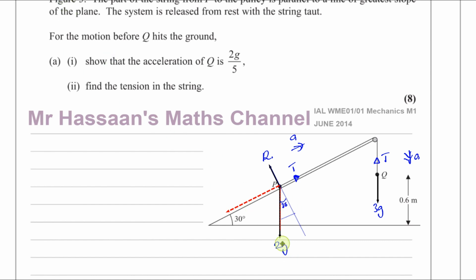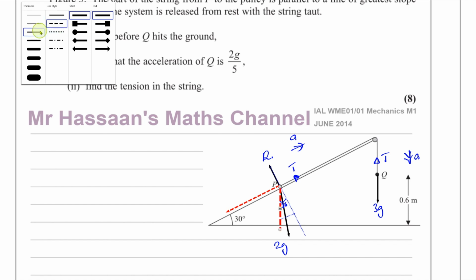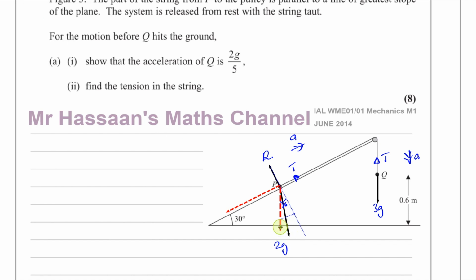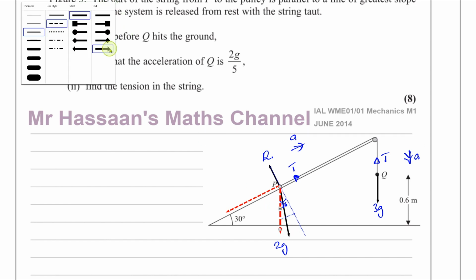So if I have to resolve it in this direction here, what happened to my arrow? Made it too thin. Okay, if I have to resolve it in this direction here, I think I was messing around with the wrong one. Excuse me guys.